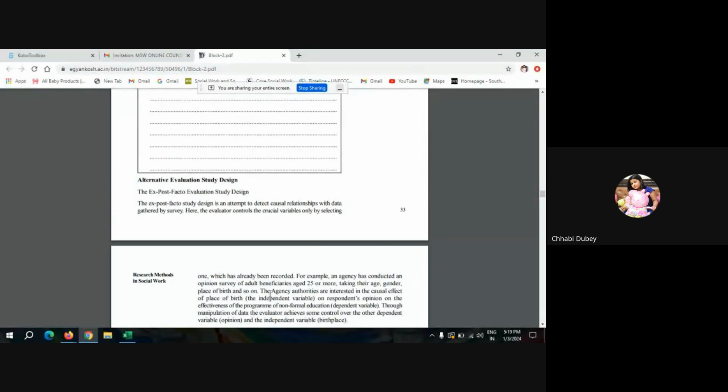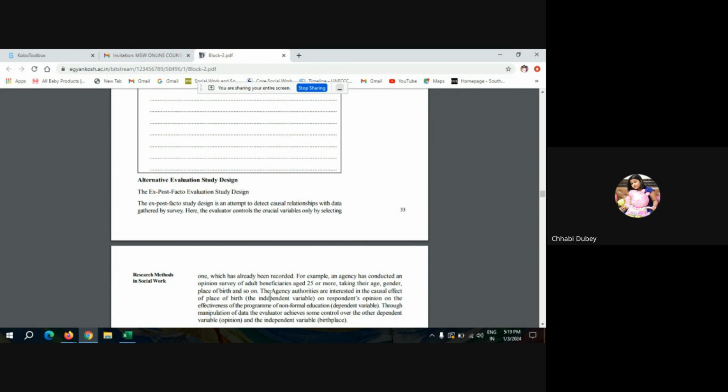For example, they have given the example that an agency has conducted an opinion survey of adult beneficiaries, and they are taking their age, their gender, the place of birth, and so on into consideration. And the agency authorities are interested in the causal effect of the place of birth on the respondents' opinion on the effectiveness of the program.